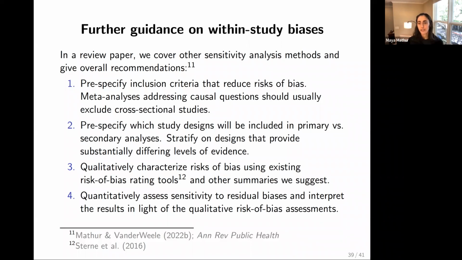And finally, this is the piece we focused on today: quantitatively assessing sensitivity to residual biases and interpreting those results in light of the qualitative risk of bias assessment. Again, I'm not proposing that these analyses be done instead of any of these other steps, but rather that this is an additional step that I hope will also be useful to meta-analysts going forward.